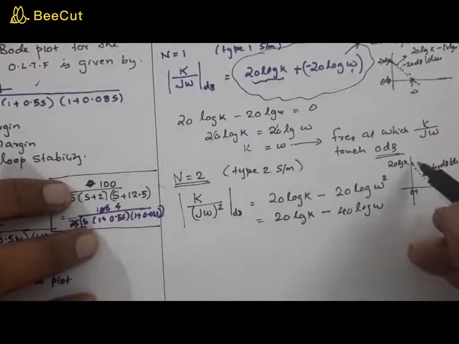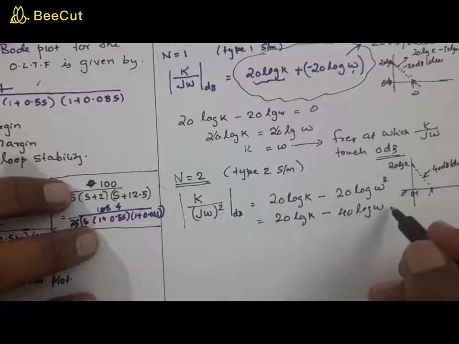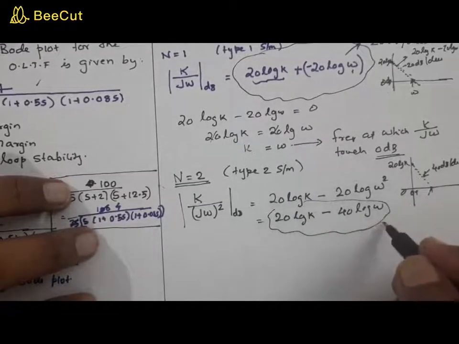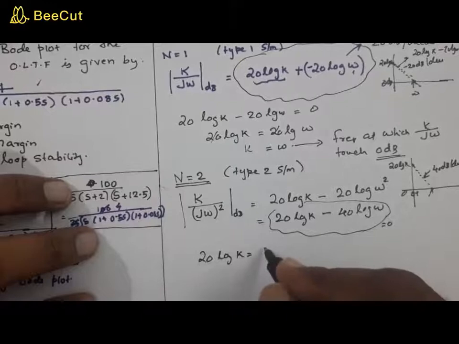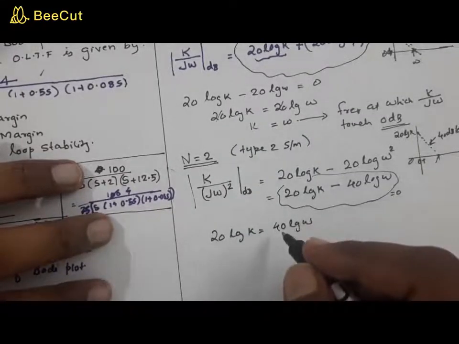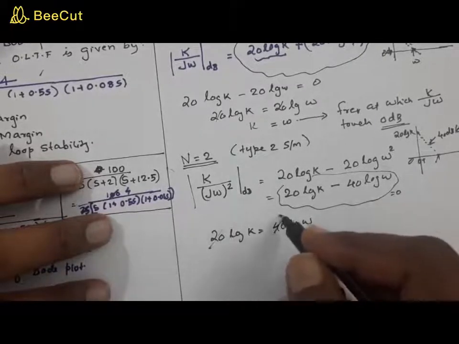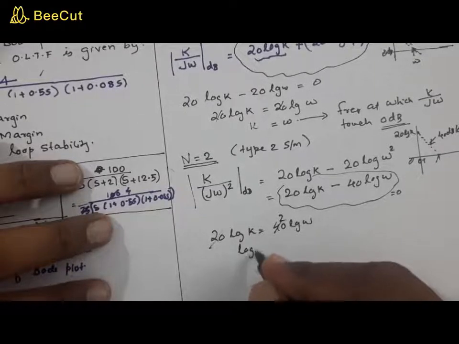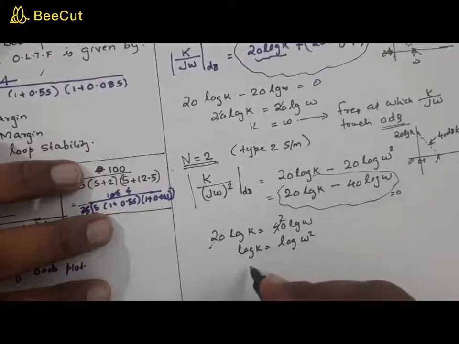Now here also, this particular line meets the 0 dB at a particular frequency. How to find that out? Equate this to 0. When you equate 20 log k to 40 log omega, that is 20 log omega square, then taking the anti-log, you get omega equal to root of k.